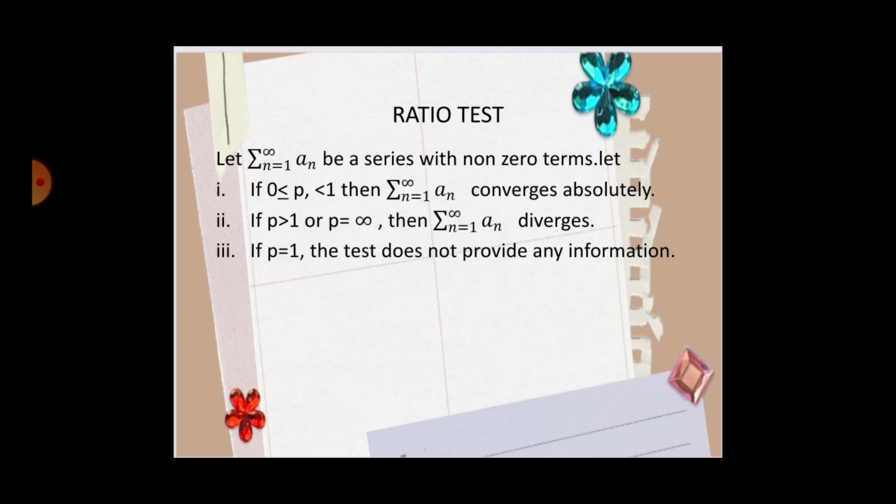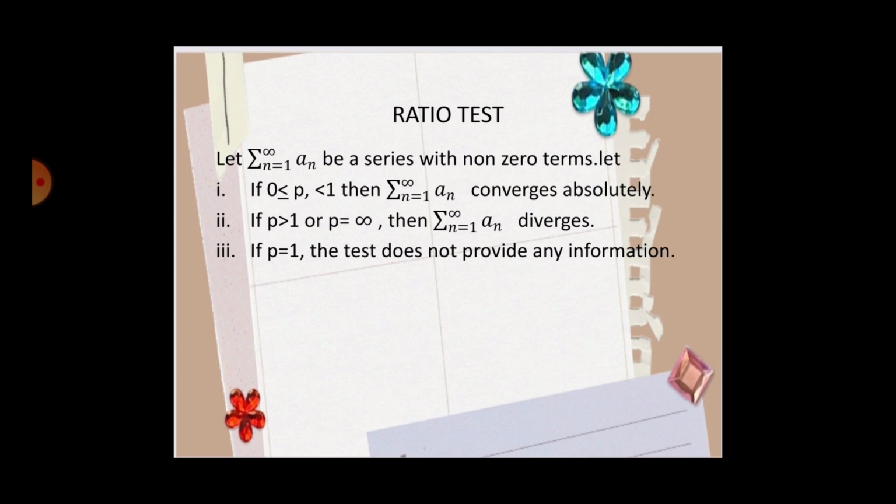So, the ratio test. Let the summation from n equals 1 to infinity of a sub n be a series with non-zero terms. Let p be the limit. If 0 is less than or equal to p less than 1, then the summation of a sub n converges absolutely.